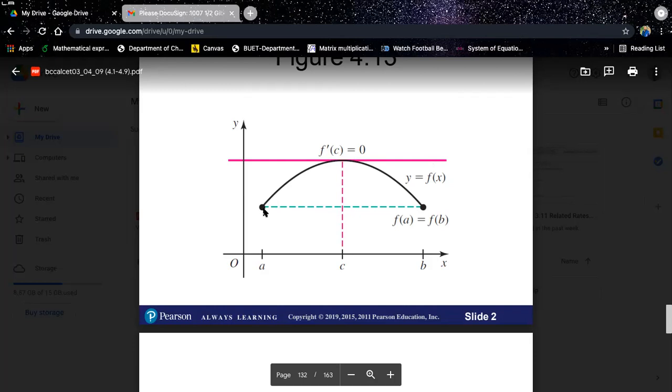So that means even if you start from here, after a certain time, you will actually come back to this very place, because we said at the boundary points, your functional values have to be equal. So if you travel for some time like this, as my cursor is going, after a while, you will actually come back here at this very point.